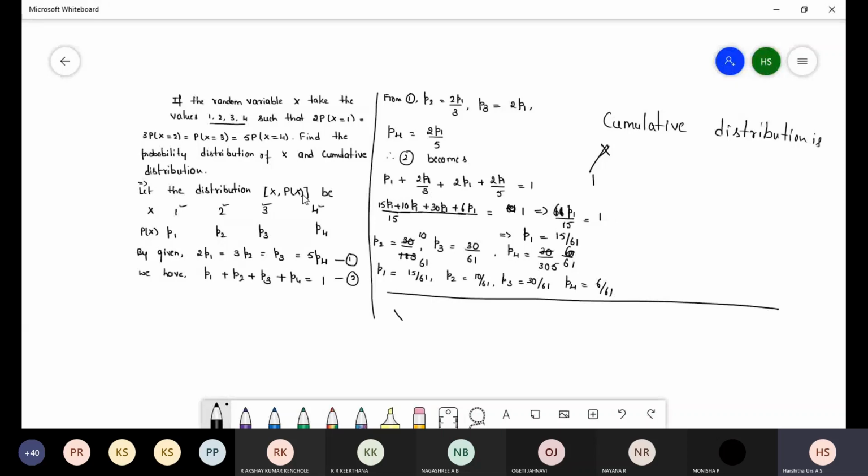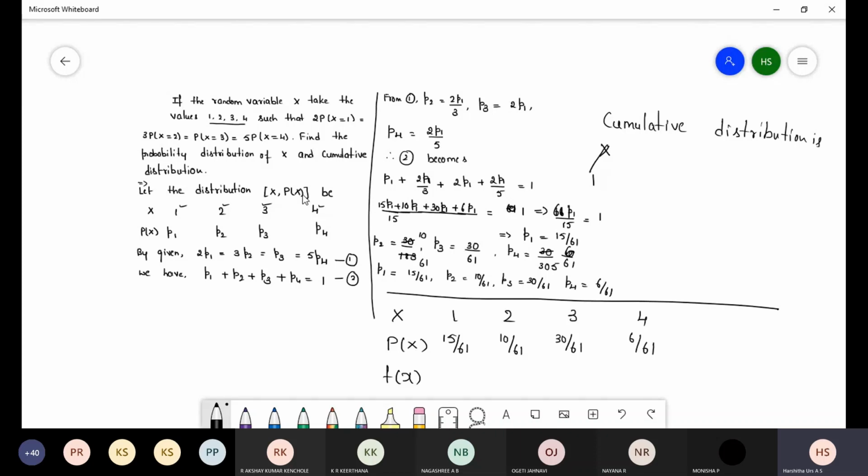Cumulative, here I write x. Again p of x. For the cumulative distribution, I just mention f of x. X value 1, 2, 3, 4. P of x means 15 by 61, 10 by 61, 30 divided by 61, 6 by 61.